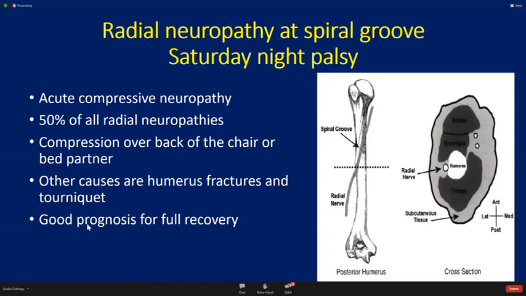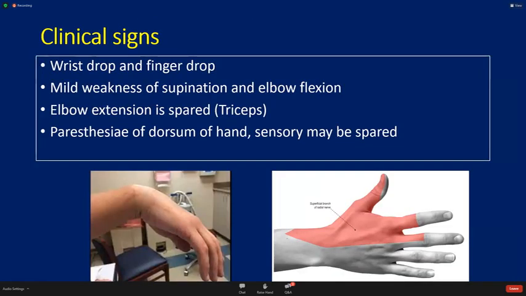This usually has a fairly good prognosis. In radial neuropathy at the level of the arm, you have both wrist drop and finger drop, with mild weakness of elbow flexion due to weakness of brachialis and brachioradialis.